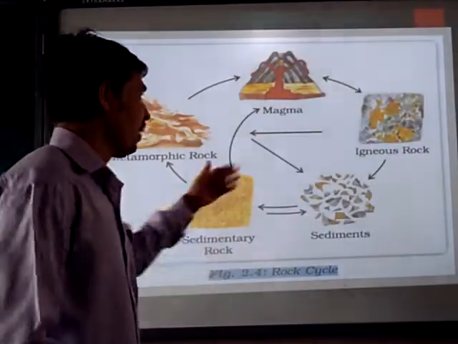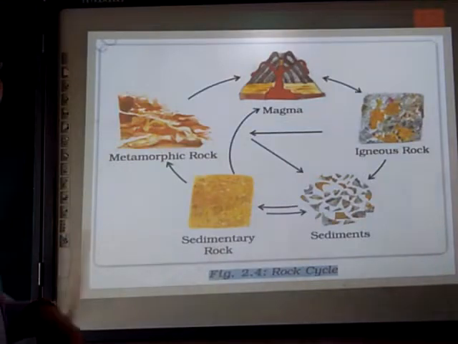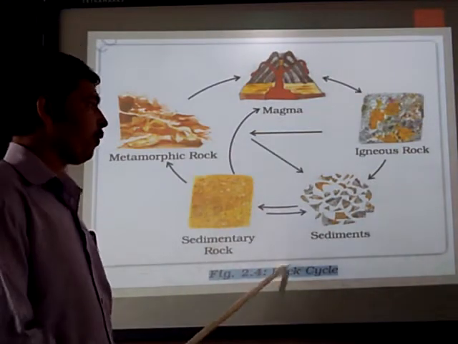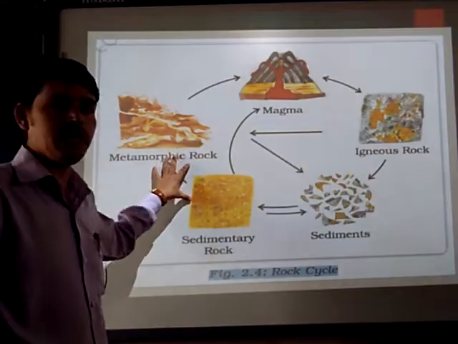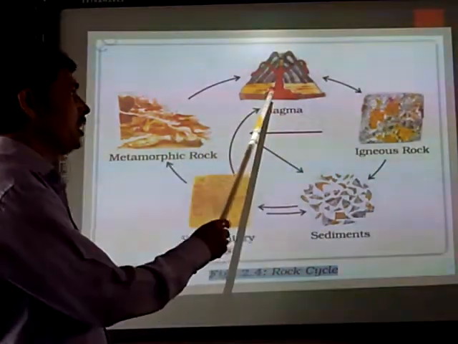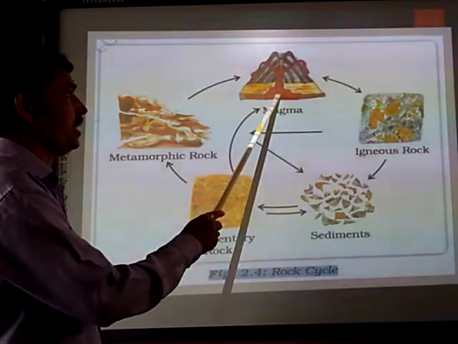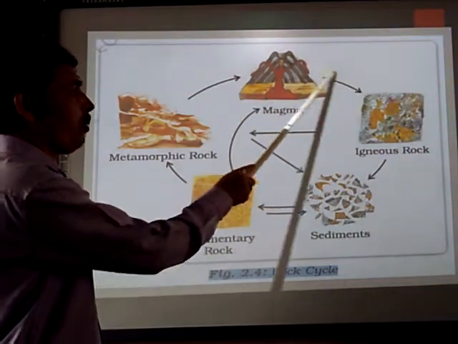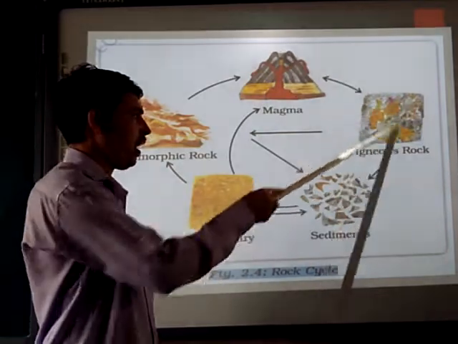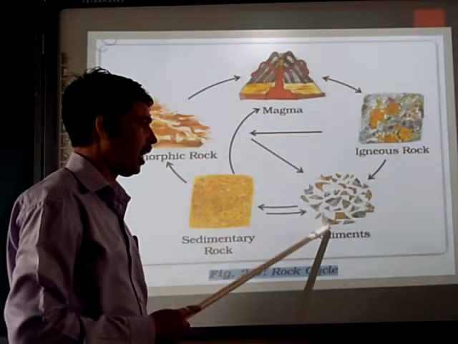Next, please see this one. This is figure number 2.4. This photograph is from the NCERT textbook, so it will be very easy for you to understand. We are talking about magma. Magma is coming out, lava is flowing, so the formation of igneous rock. After the igneous rock, the sediments are there.